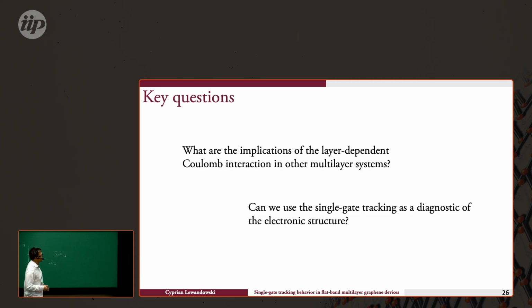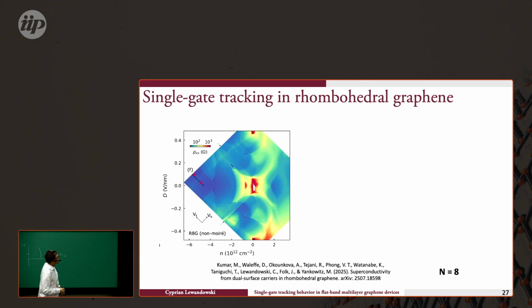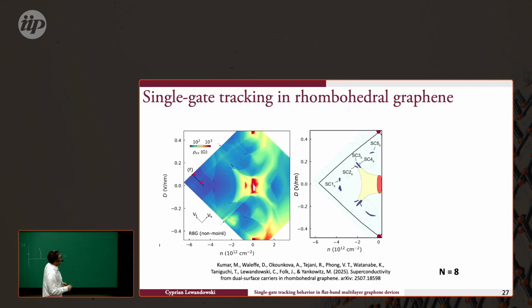And I think the answer is yes, okay? So if I now look at the rhombohedral 8-layer data, so this is data from Matt and Joshua, which we recently put on the archive. This is n equals 8. The system is unaligned to the hBN. And then I am noticing that there are these regions which are marked here in black. For now, you can ignore all of those other features, okay?